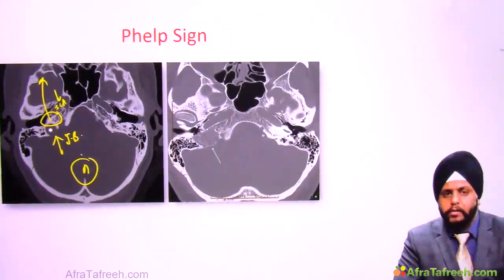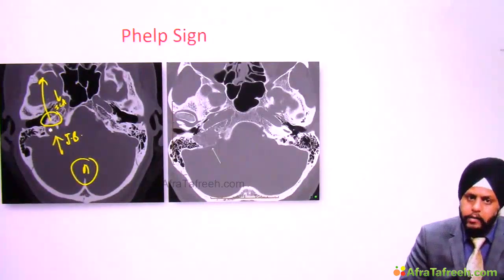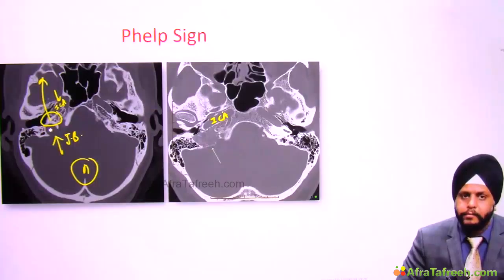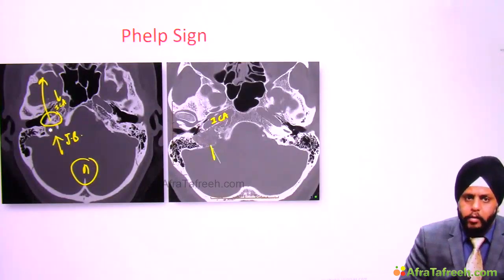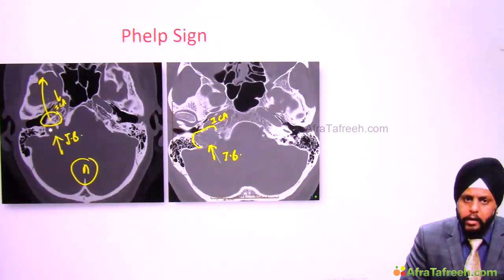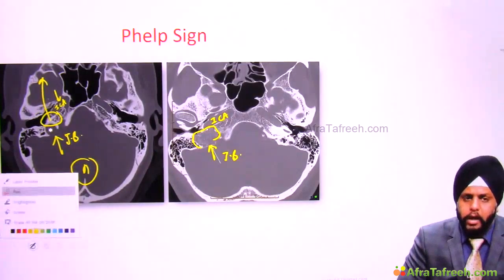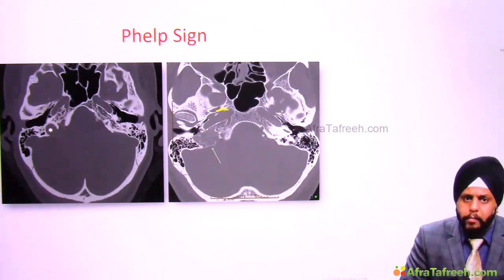Let's look at the other CT scan. In the other CT scan also, I am marking the ICA. This is the ICA. Okay, and this is the location for the jugular bulb. Now what you see over here, you see that this bulb is expanded. Okay, and if you notice, there is hardly any crest left.